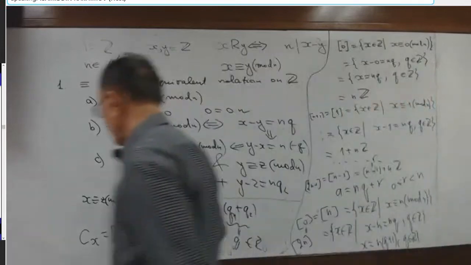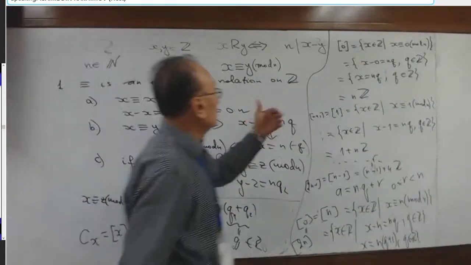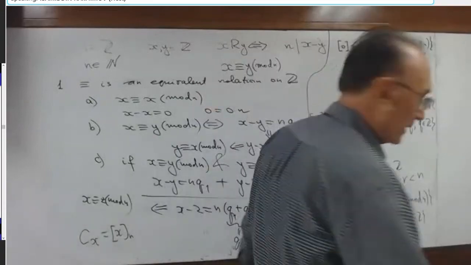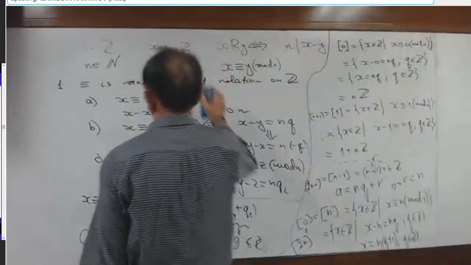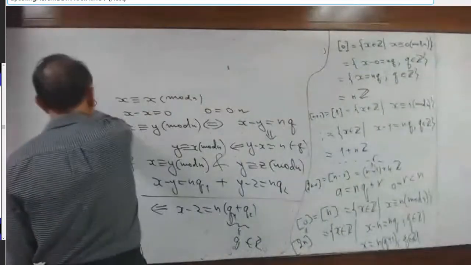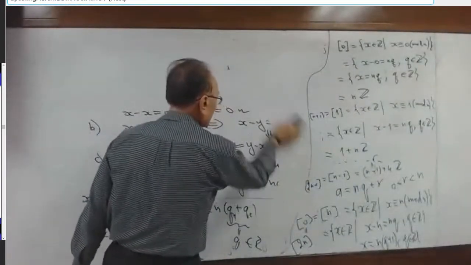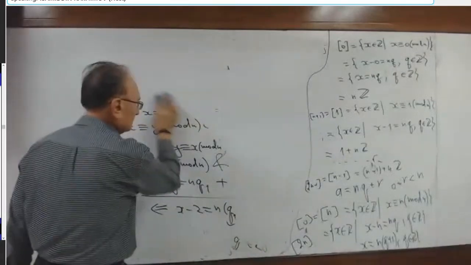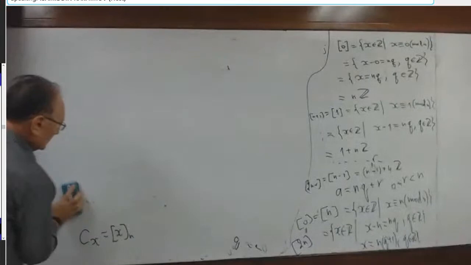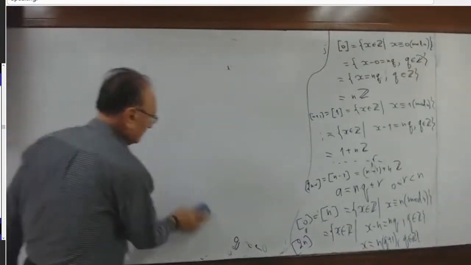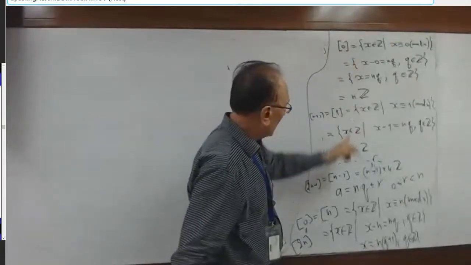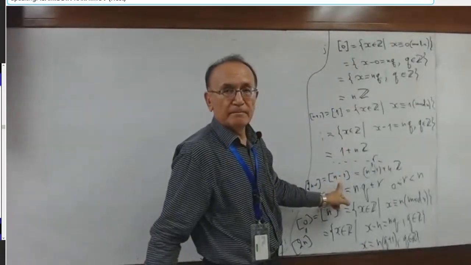So what result will you get? Because we know this is a family of partitions, a partition of Z. According to this discussion, you have only from 0 until N minus 1.